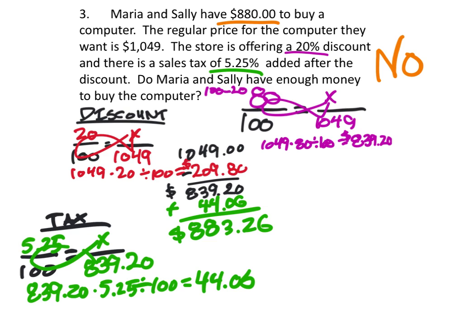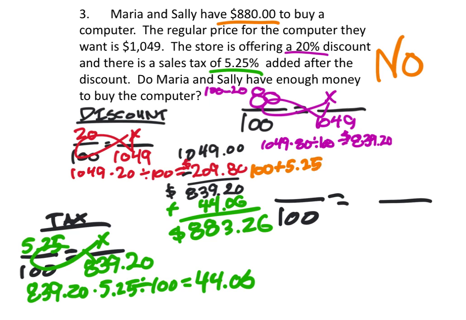So I could have gotten the $883.26 by using that first method, or the second method rather, in the percent proportion. Here's how we do that, okay? So once again, you'd be paying 100% of the discounted price. But in addition to that, you have another 5.25%.